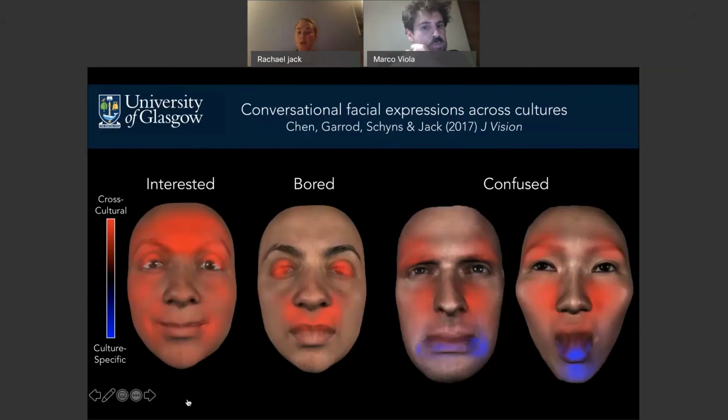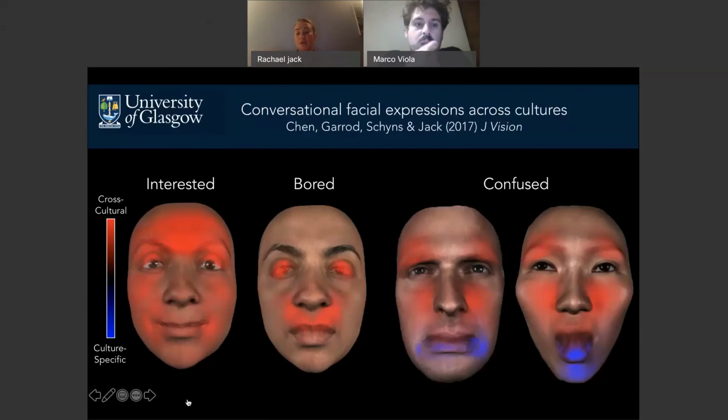However, when we look at confused, we find, again, systematic differences in these facial expression signals, and this is largely located in the mouth region. So you can see here, the Western models have more of this lateral mouth stretch, whereas the East Asian models of confused have more of this very wide sort of gaping mouth movement.